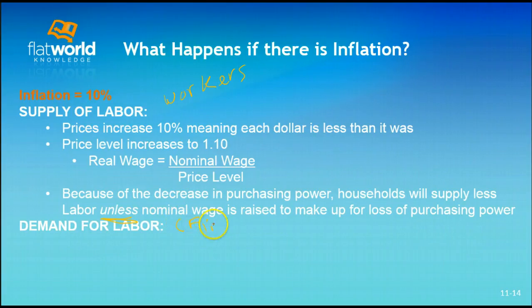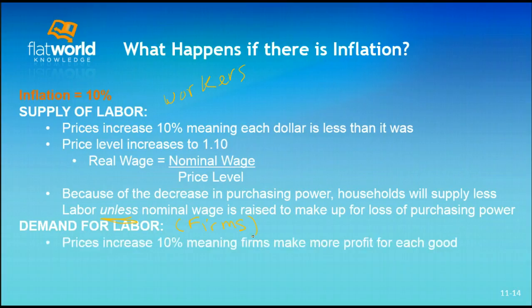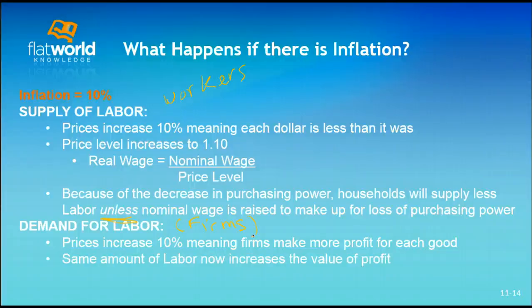Now let's look at this from the perspective of those who demand labor, which are the firms. The firms see their prices increase 10%, which means they make more profit for each good they sell. That means for the same amount of labor, they are now seeing an increase in the value of their profit.